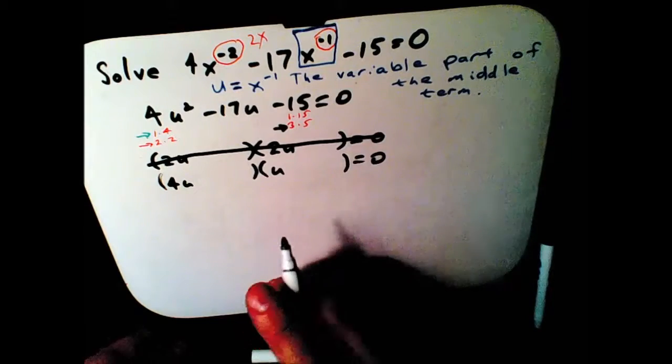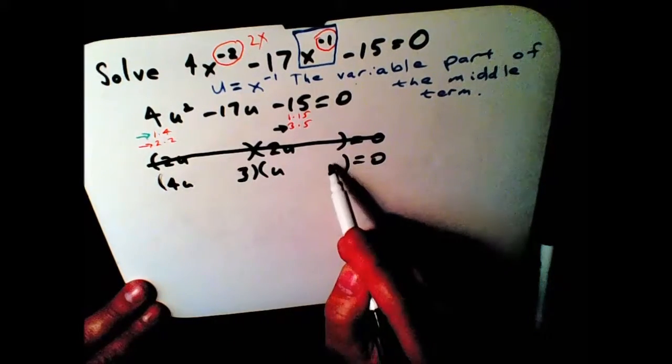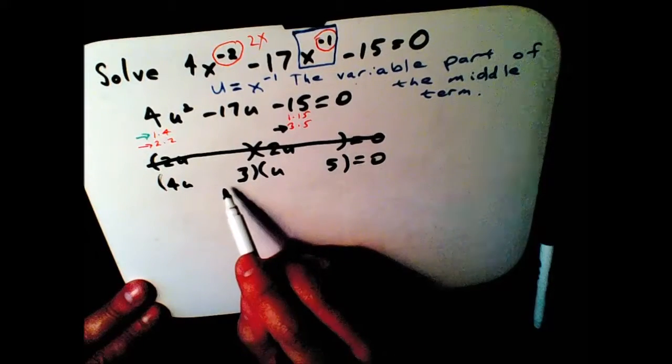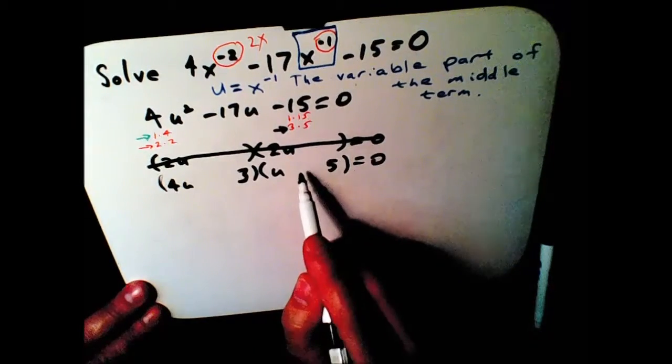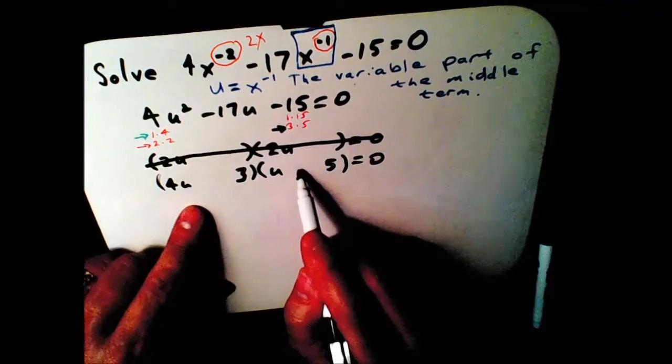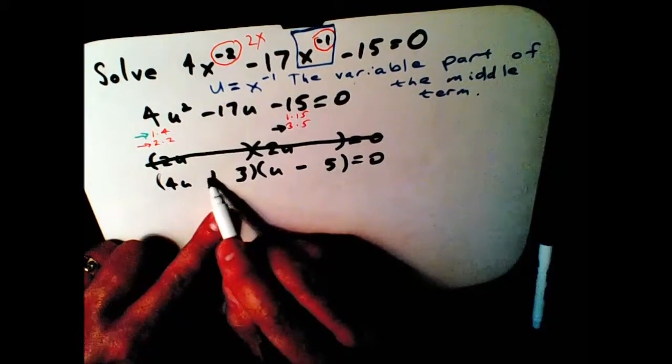So let's see. 3 and a 5, and we have to pick the correct signs. Since the negative 17 is negative, the bigger one is going to have to be negative. That is, the outsides are going to have to be negative. The inside will be positive.